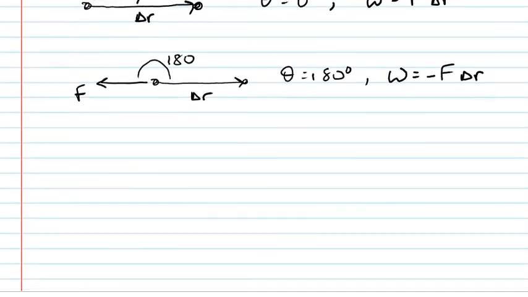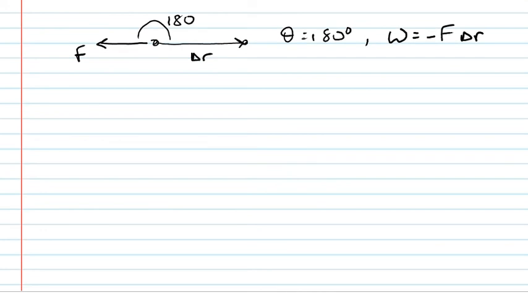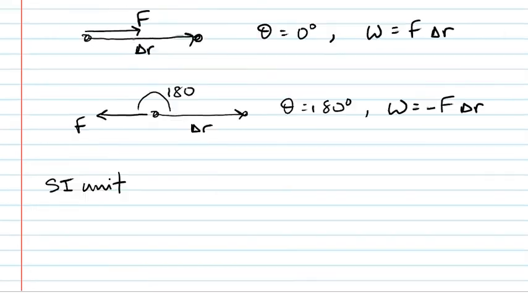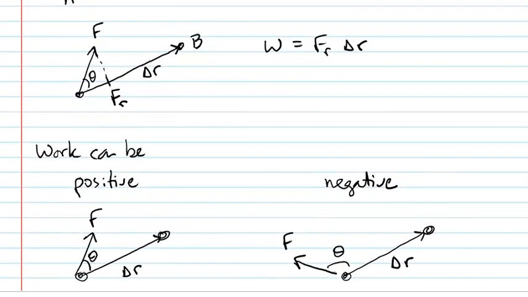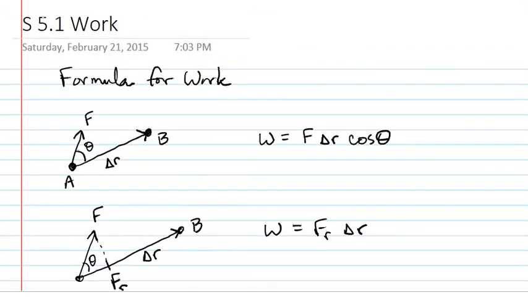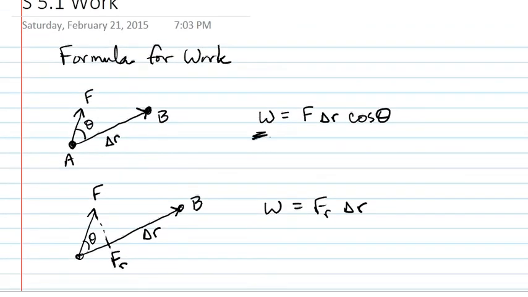Would also be good to mention the SI units for work. Looking at any of the formulas, really, let's go back to the original. The work is coming from a force times the displacement. The cosine doesn't have a unit in it, so we don't have to think about that one.